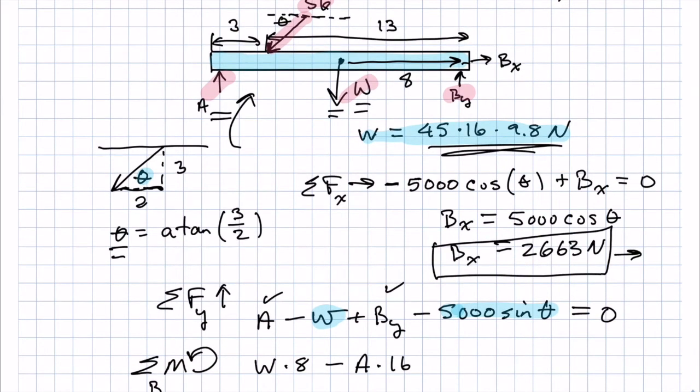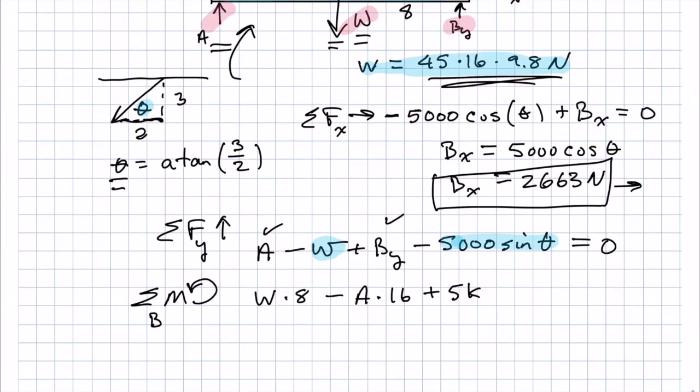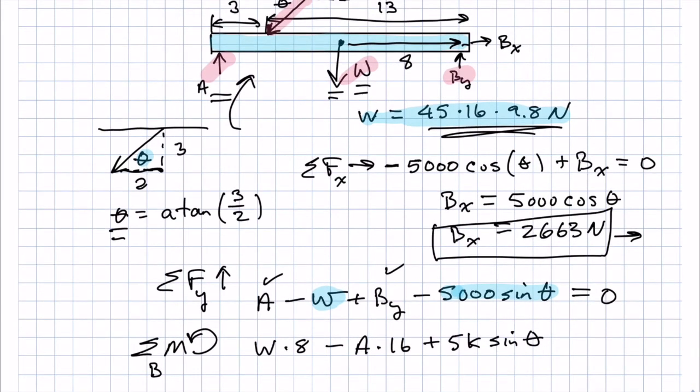Then the 5K force pushing at the angle, the vertical component of that would be plus 5K times the sine of theta, acting counterclockwise, hence the positive sign.